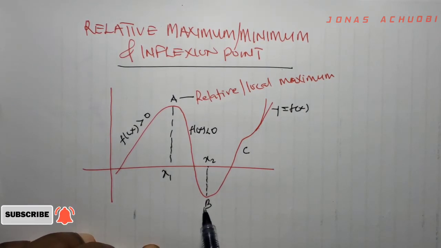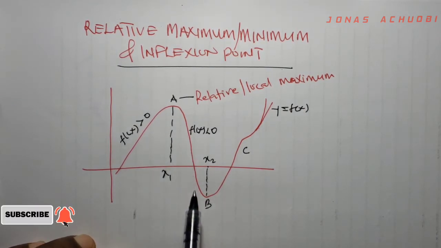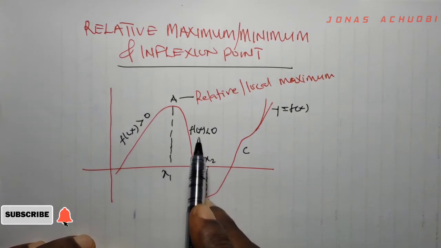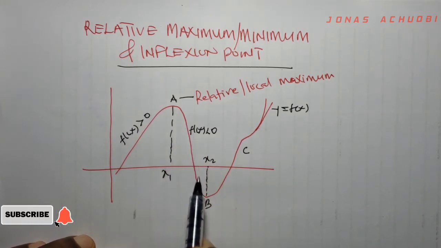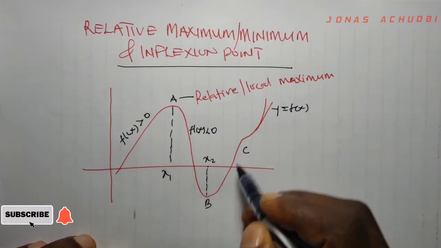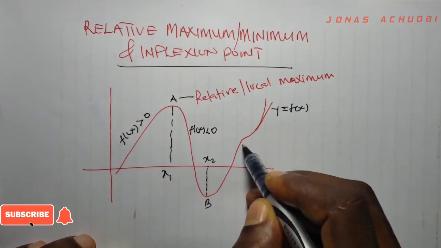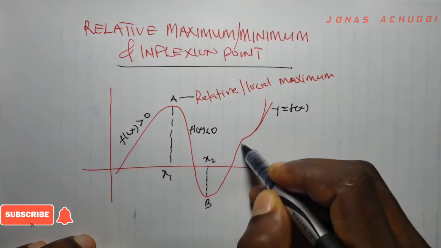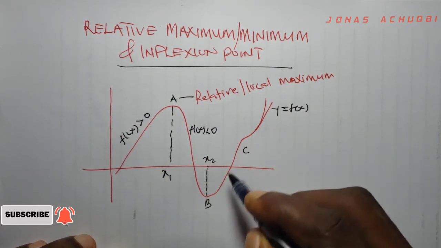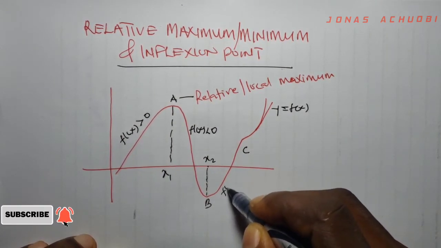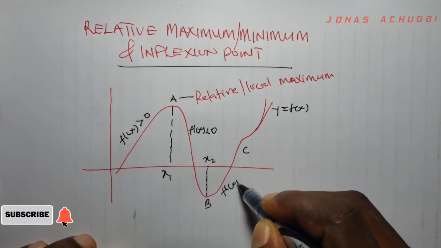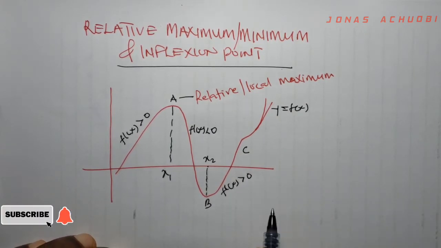It is obvious from here that the slope to the left of this critical point is negative, since the graph is a decreasing function to the left of B. And to the right of B, the graph rises, which means the function is increasing to the right of B, which implies that the slope to the right of B, f prime of x, will be what? Positive.